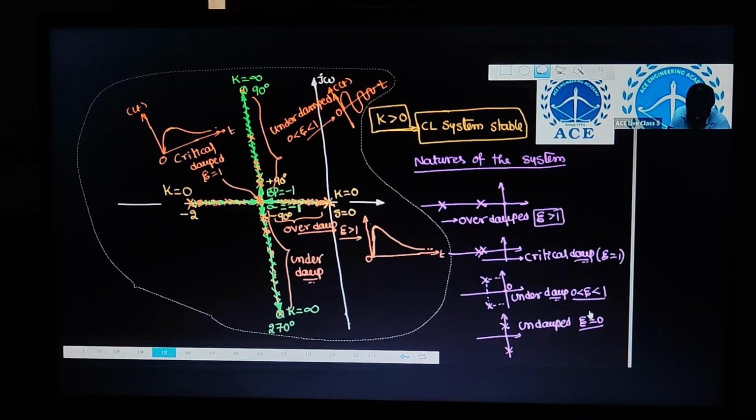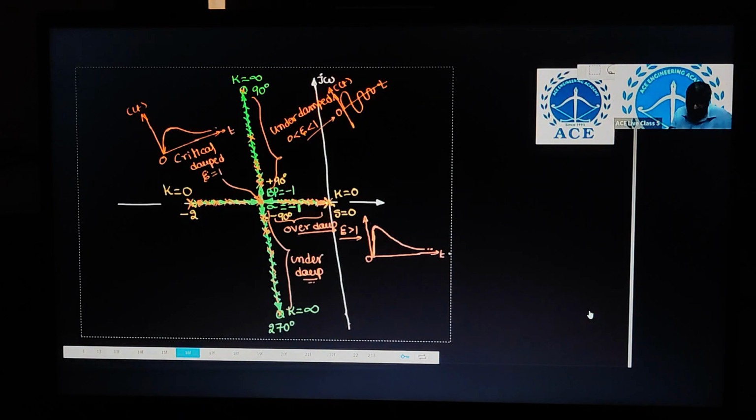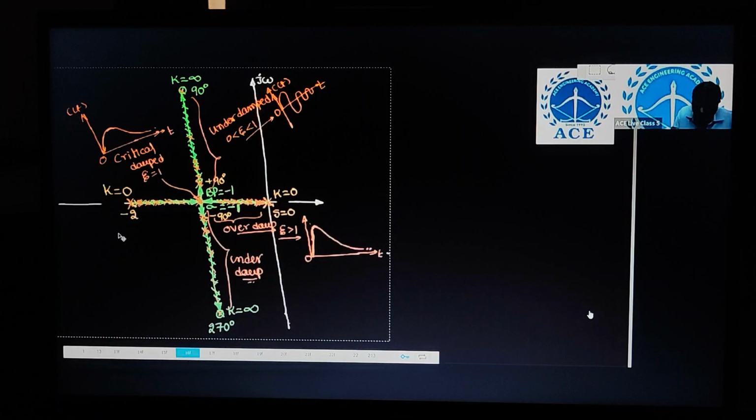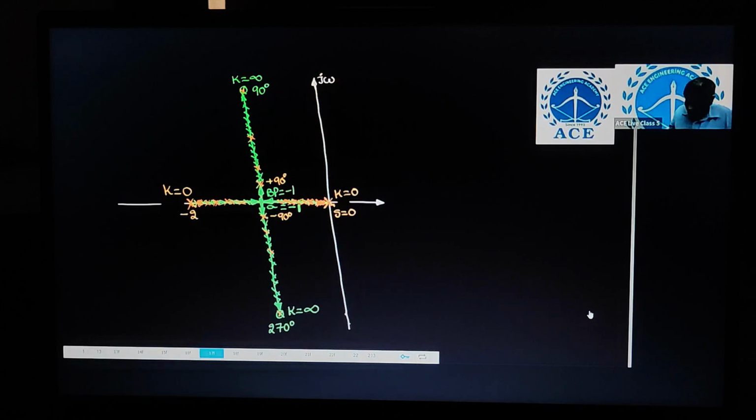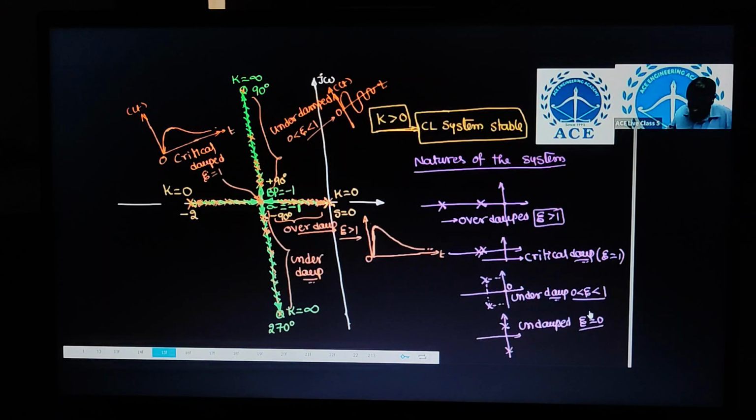Now find the k values for different natures of the system. Come on, what are the different natures it is having? Find the k values for different natures of the system.